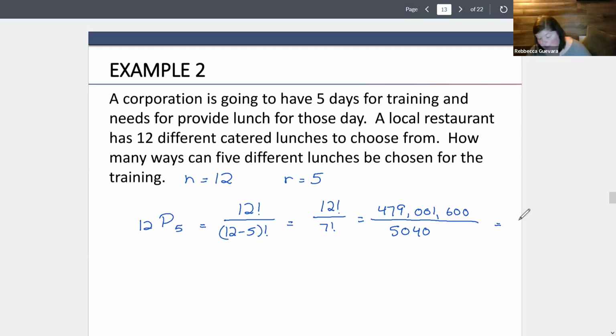If I do this division, I am going to be left with 95,040 different lunch options.